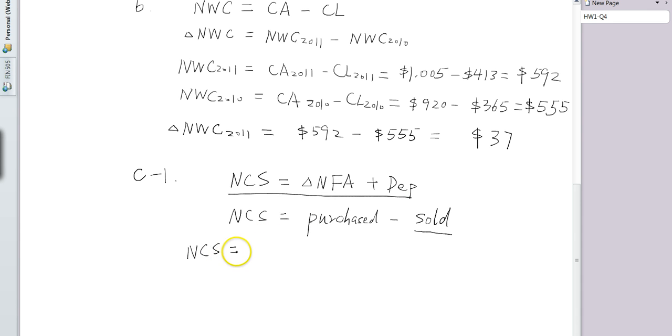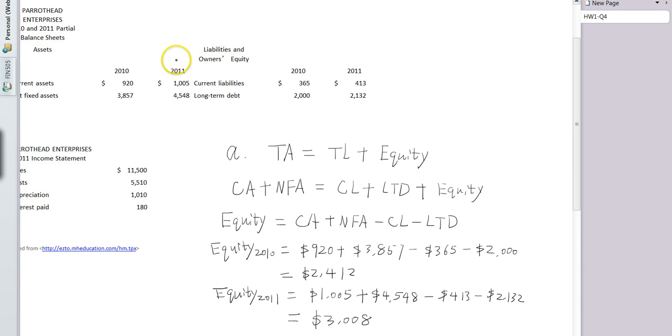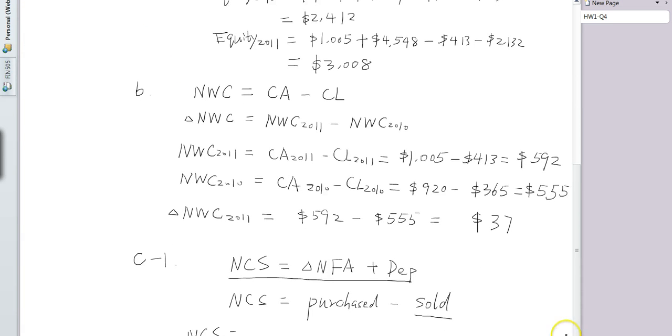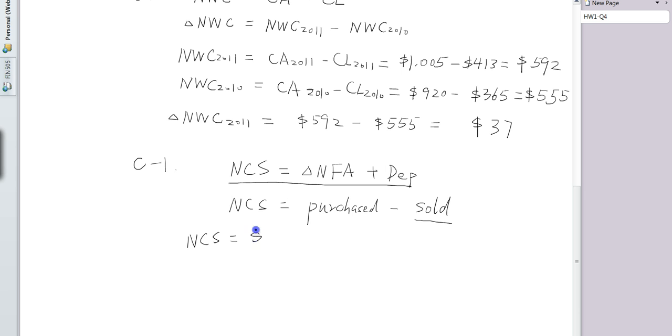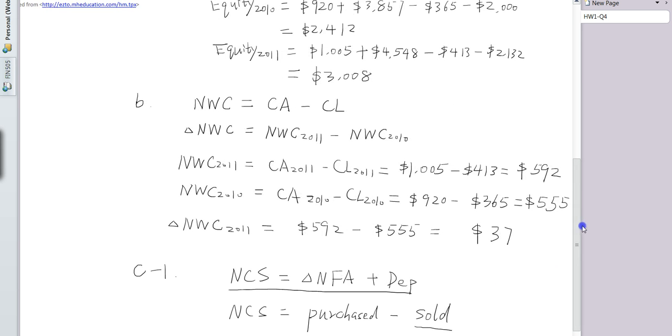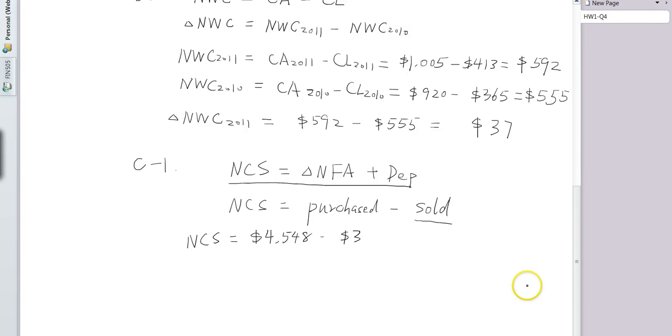So net capital spending equals the change in net fixed assets. So if we go back to the balance sheet, the change in net fixed assets from 2010 to 2011, that's 4548 minus 3857, right?